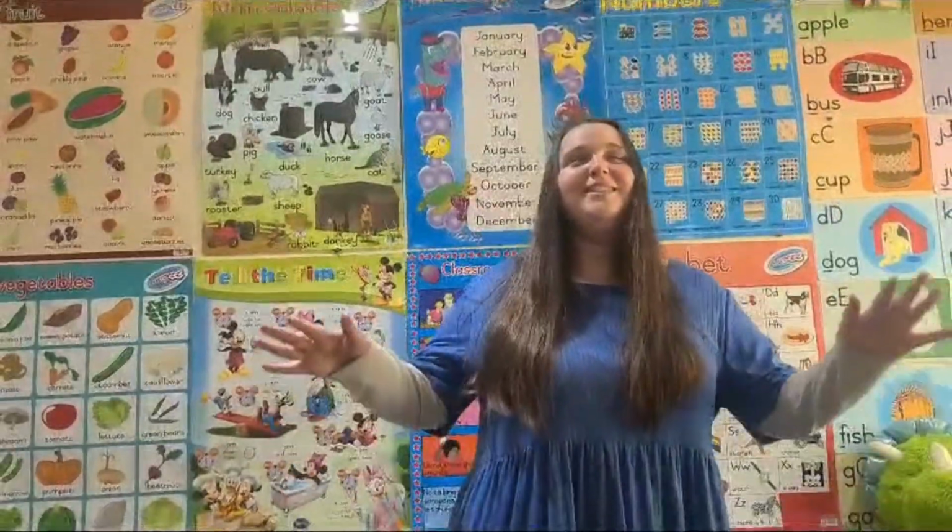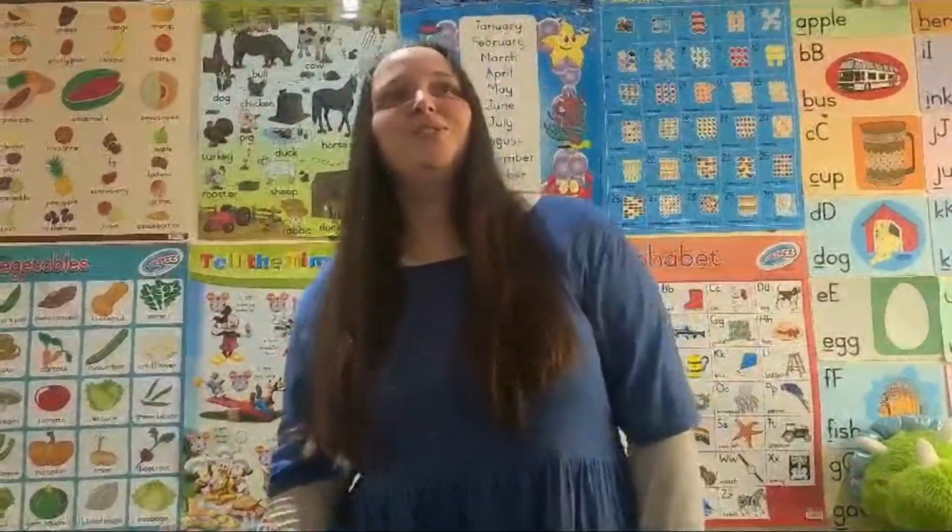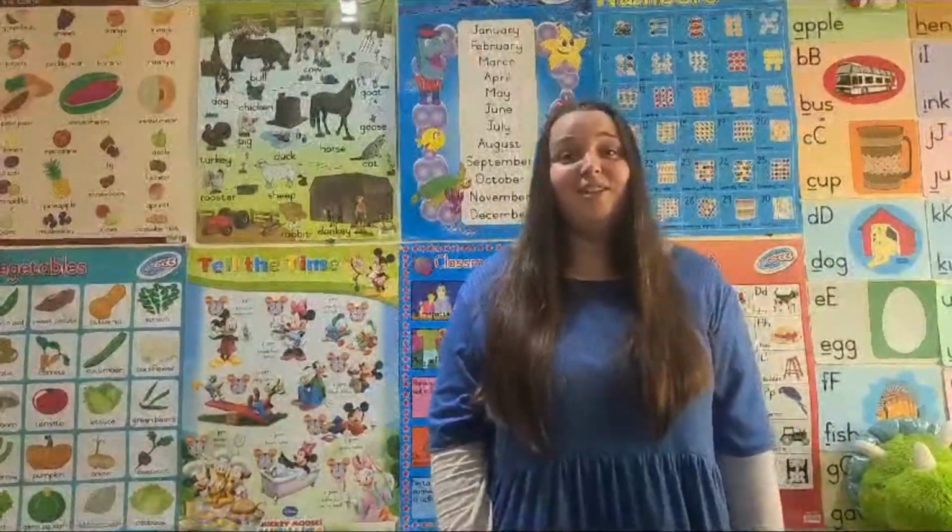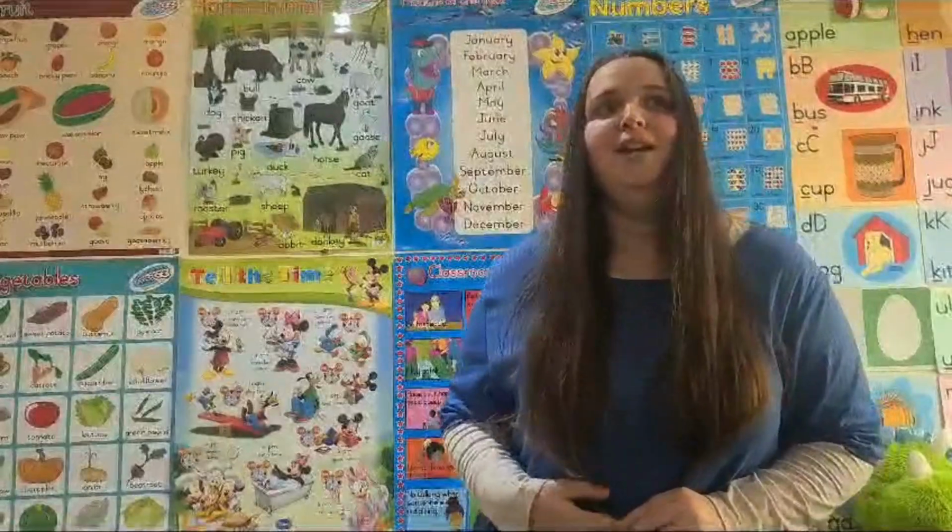Hello, I'm Teacher Dana. Today I'm going to talk about the objectives. By the end of the lesson, you will be able to describe and explain the process of photosynthesis.